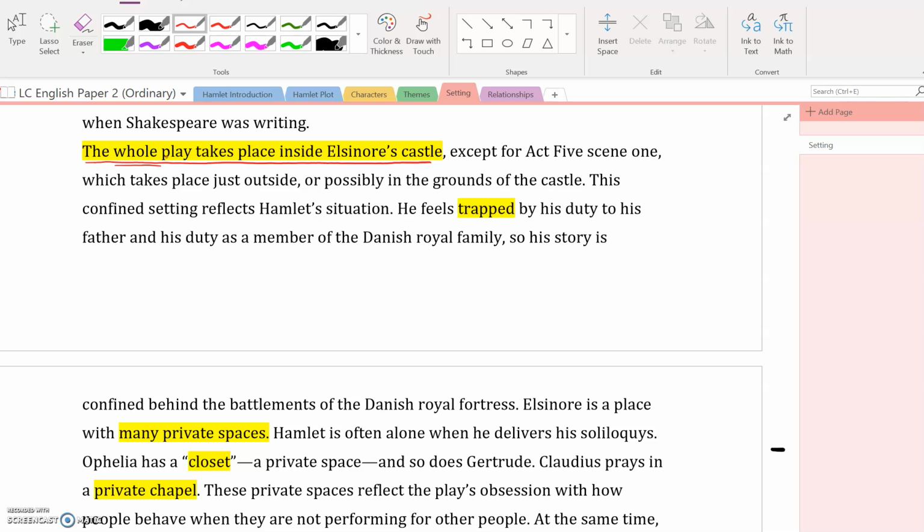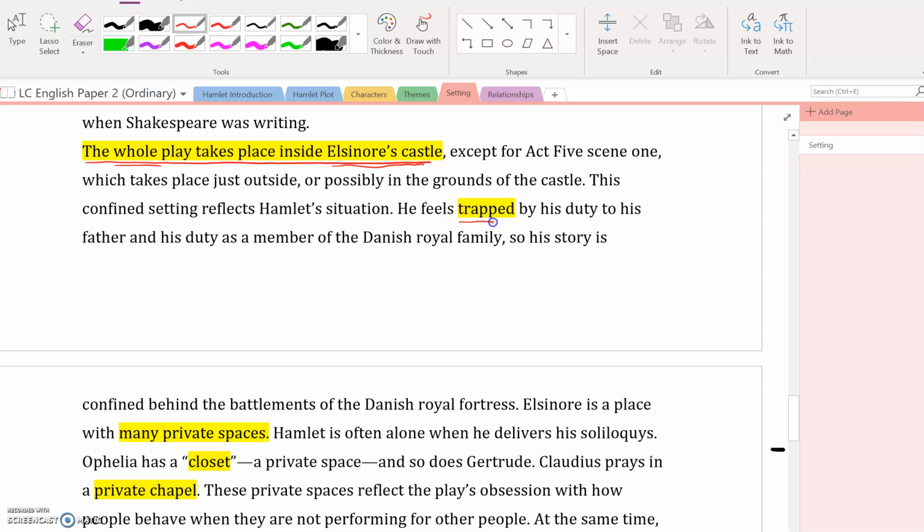There's usually a street, there's usually even different cities, different towns depicted on the stage. Not in Hamlet. The entire play takes place in this castle, and there's a reason for that. He does that on purpose.